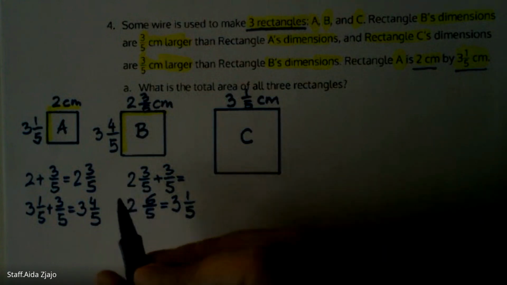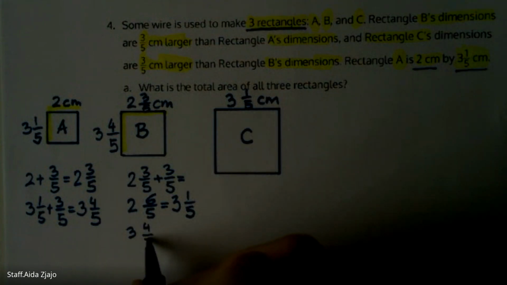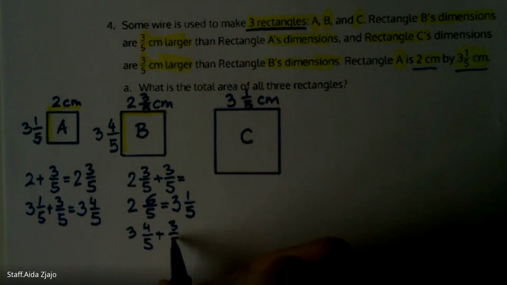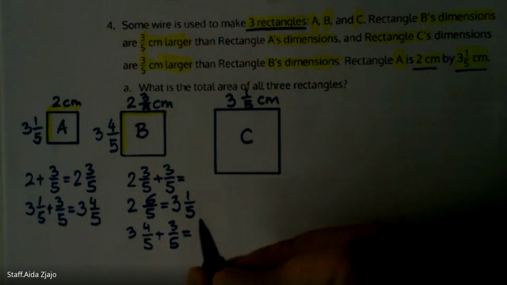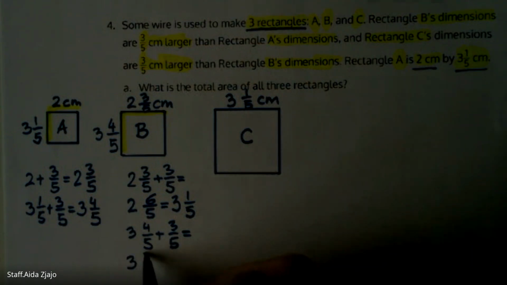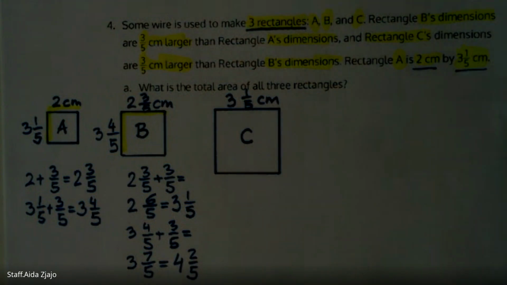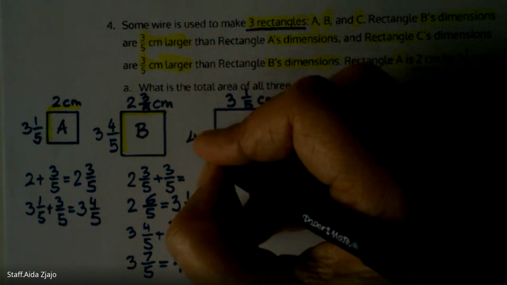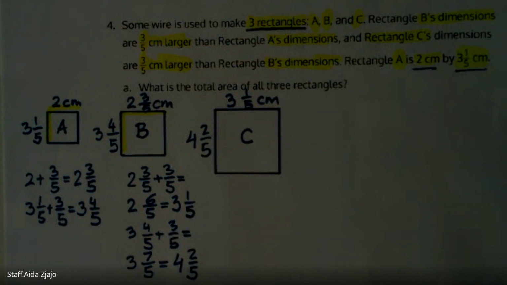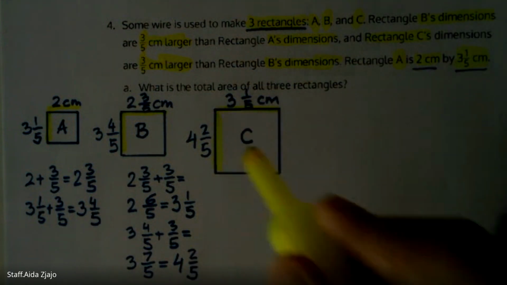Okay, so 3 4/5 plus 3/5 equals 3 7/5, which equals 4 wholes and 2/5. So now I know the length here. So this is 4 2/5. They're all centimeters.